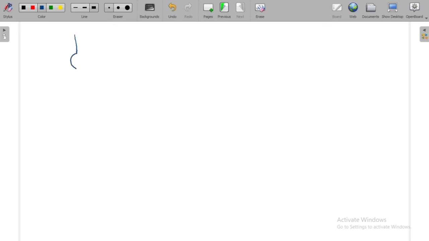Okay, now I am just redrawing the figure and writing the equations which I have got just now.